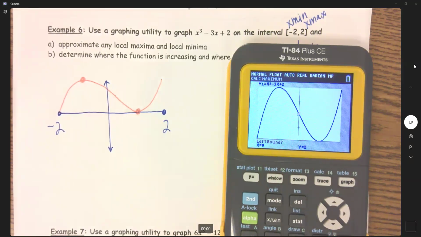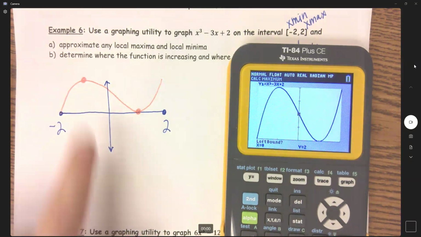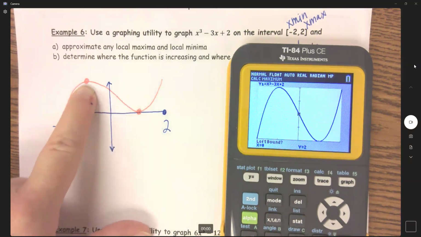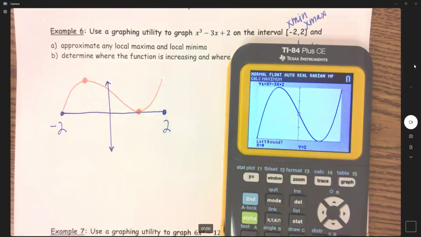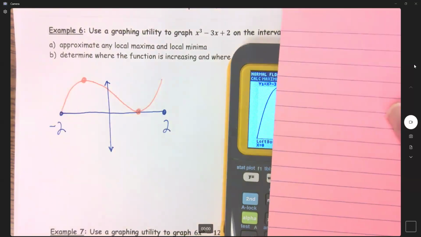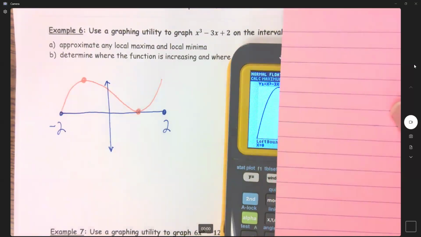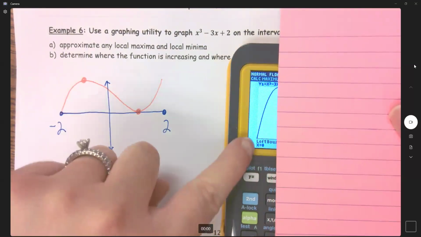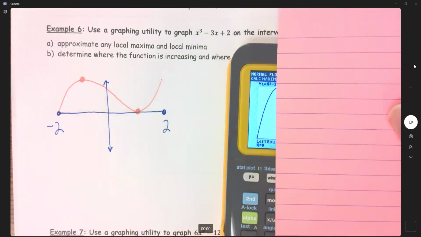Now it's going to walk you through this. It's going to want the left bound, which is talking about the left side of that. If I know that this is my max, or on my calculator, this right here is my max, I want to go somewhere over there to the left side, the left bound of that max.